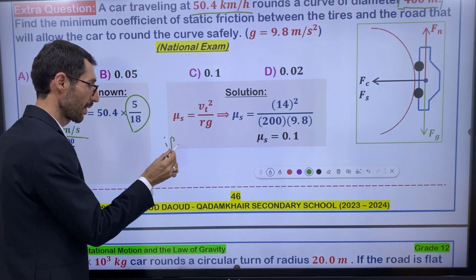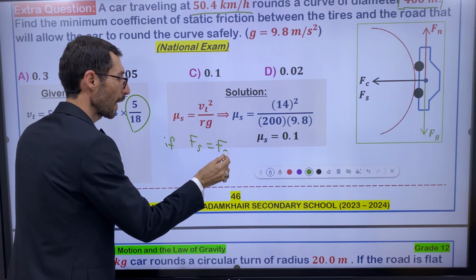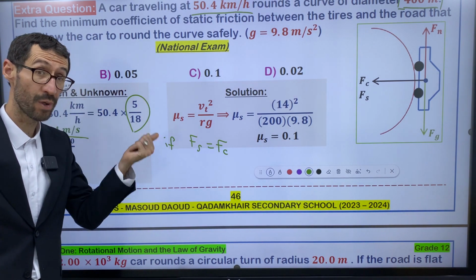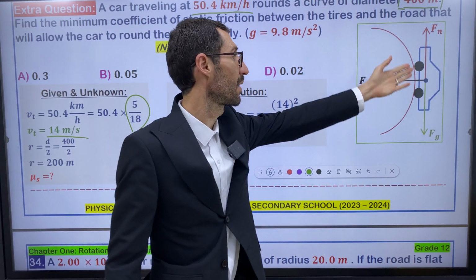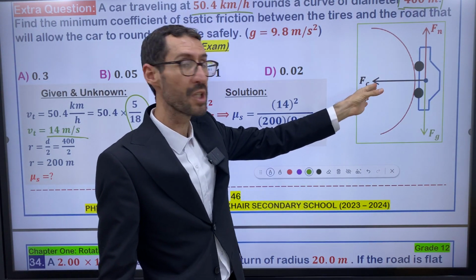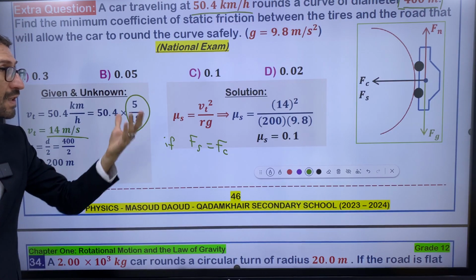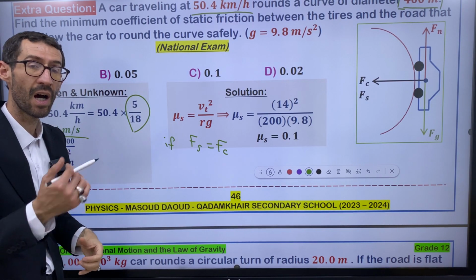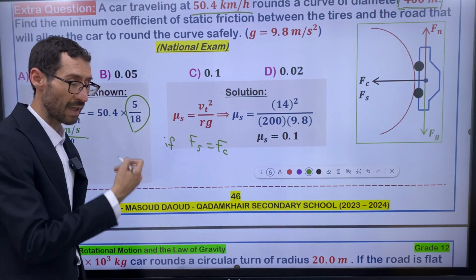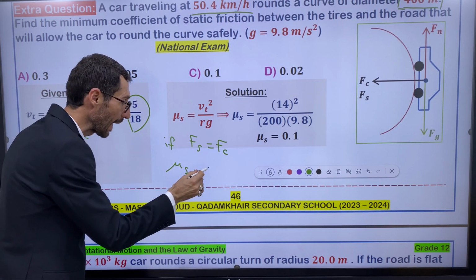If Fs is equal to Fc, if friction is equal to centripetal force, especially in the case of a flat circular track, friction becomes the centripetal force for maintaining the car in a circular path, right? If Fs is equal to Fc, so mu s is equal to AC over G.